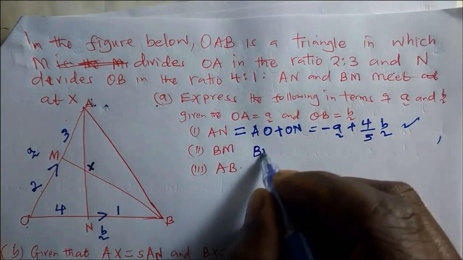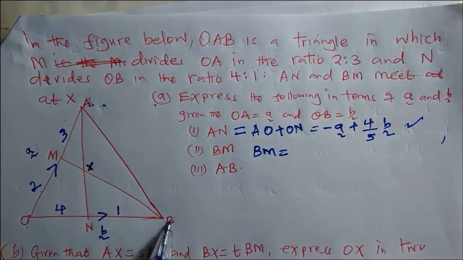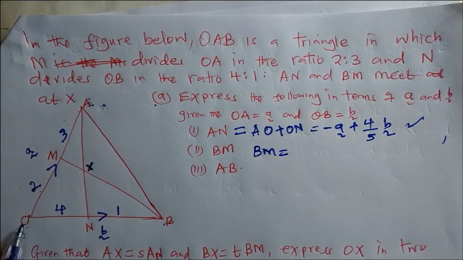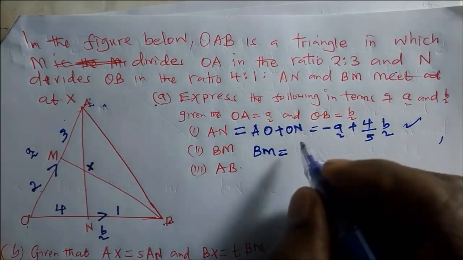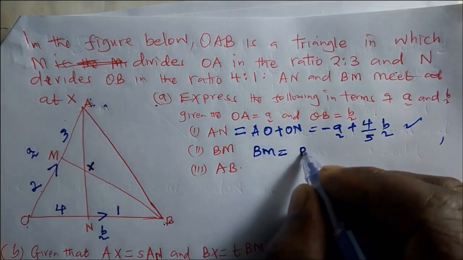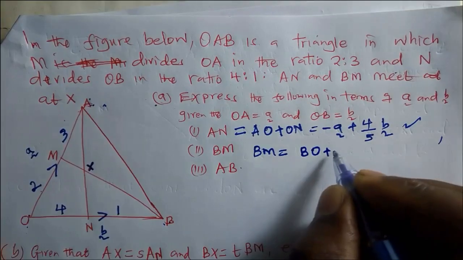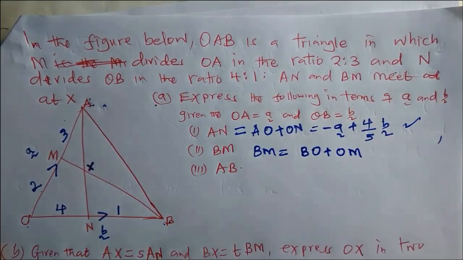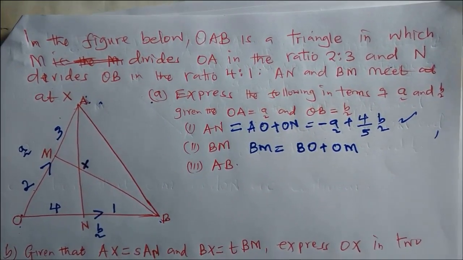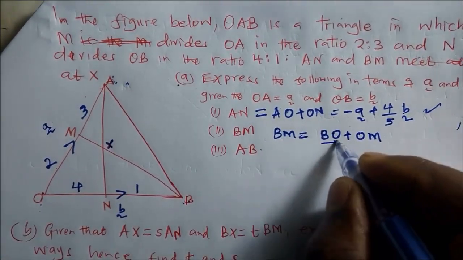BM. So how do you get BM? BM is equal to BO plus OM. Remember, these are vectors.